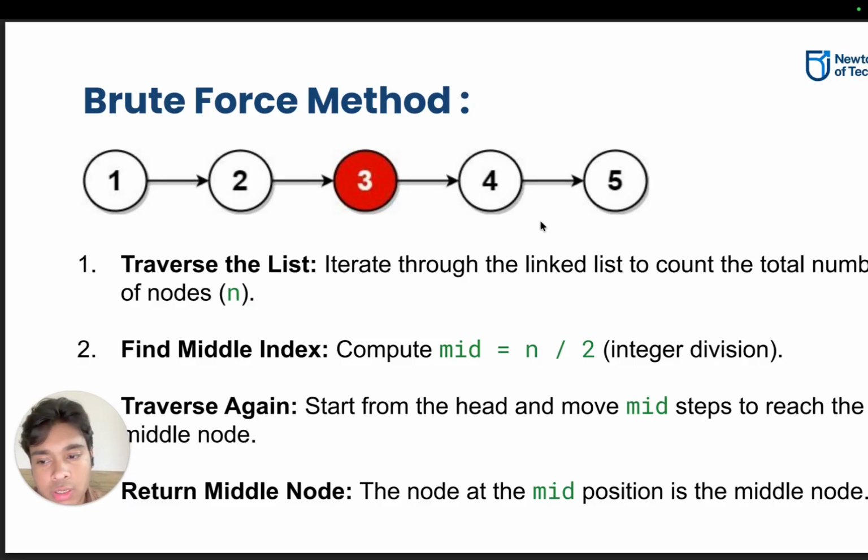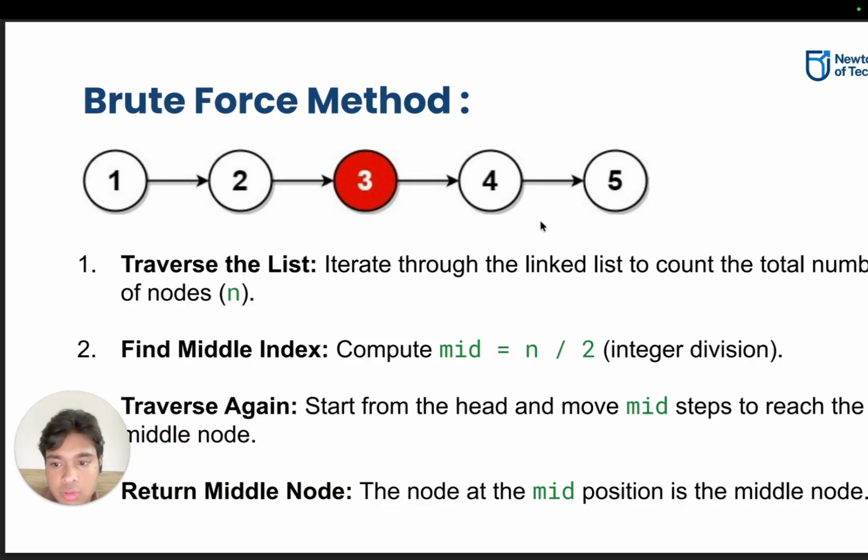So the total count divided by 2, an integer division. Then we will traverse again starting from the head and move mid steps until we reach the middle node. Once we have the middle value, we start again from the first node and iterate.